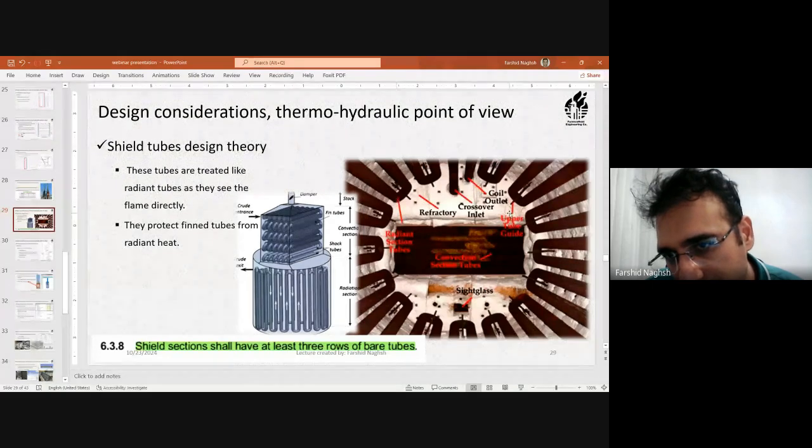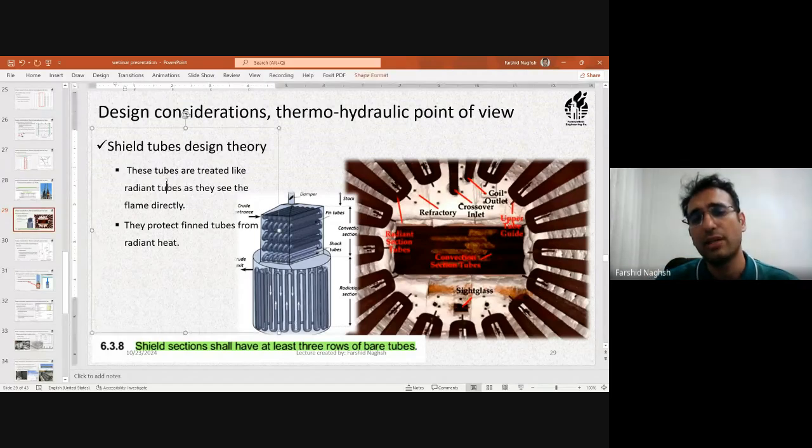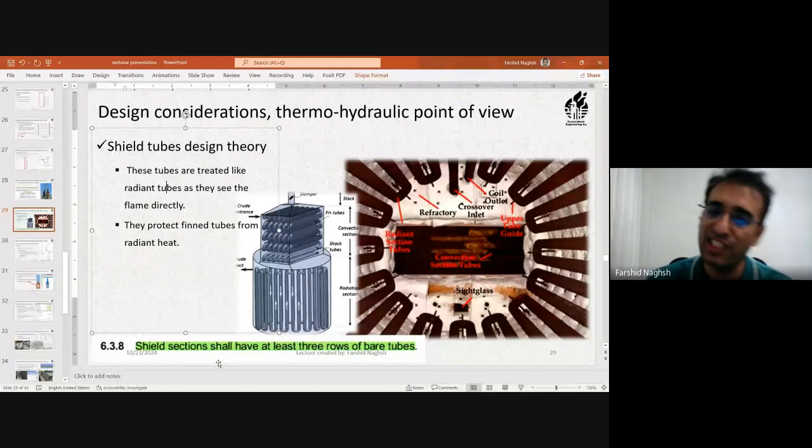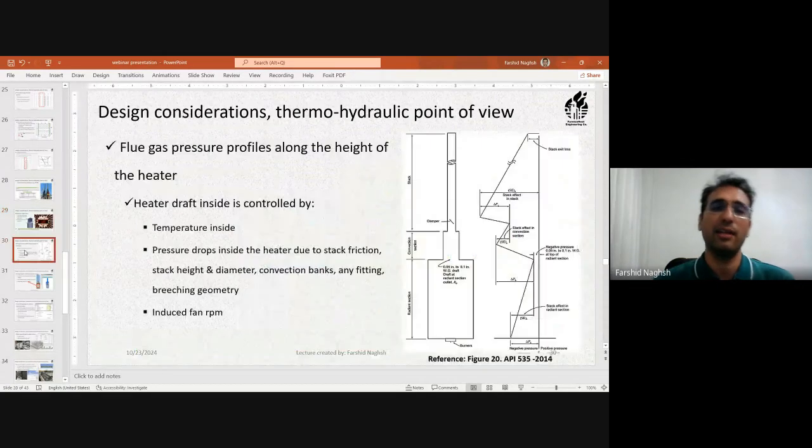These are the radiant tubes. These are the convection section tubes, and of course, when you look above, first you see the shield tubes here. You see the shield or shock tubes here. They are not finned, and they follow the theory for radiant tube design. Also, as per API 560, the shield section shall have at least 3 rows of bare tubes, and I already discussed the reason and the theory behind that. Okay.